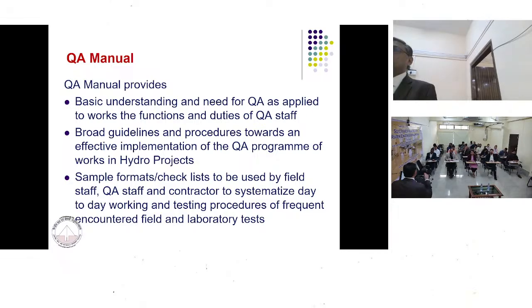There is a standard code of practice, the IS code, and we'll say that we'll follow the standard code of practice for that item. But at times, you may have certain variation in the material as per your design requirement, so you have to evolve a special method for evaluating. I am saying even a simple thing like grain size distribution or the density of the material by some special method, all that will come into your guidelines.